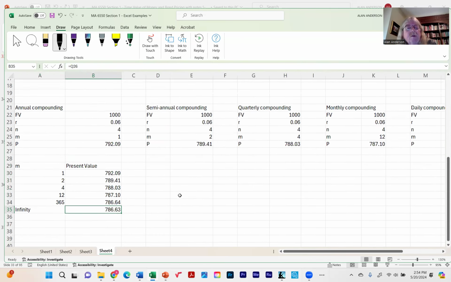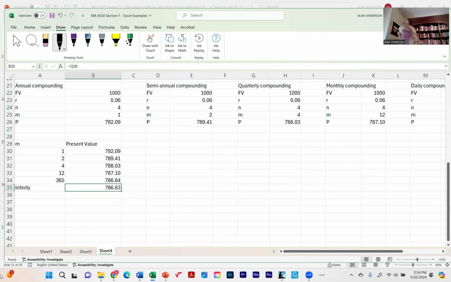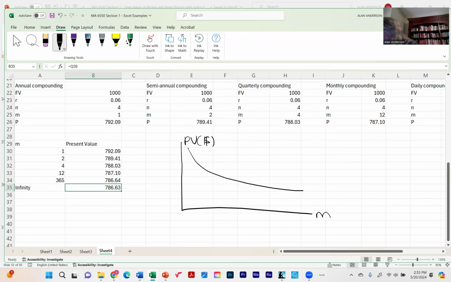And so if you were to plot these, what you would notice is that it's decreasing at a progressively decreasing rate. Okay, and this is your asymptote. That's as low as it can go.